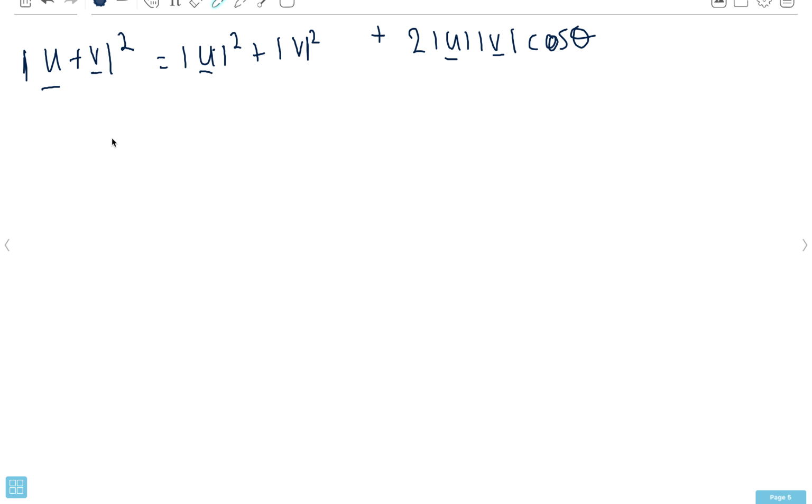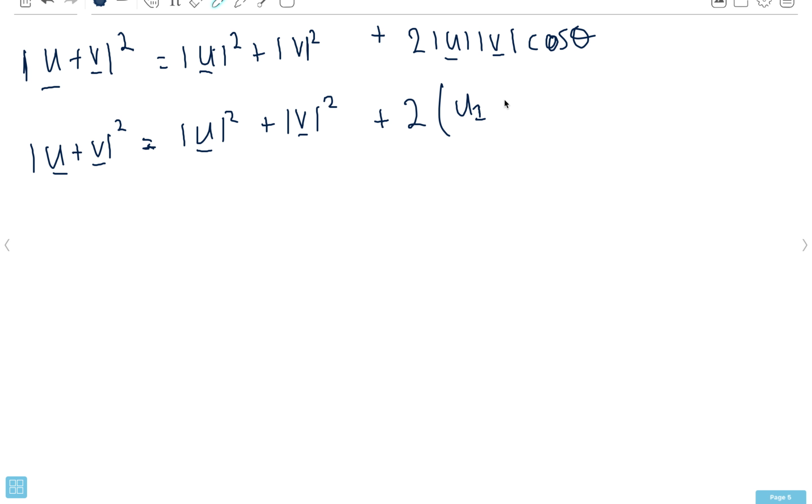And our second equation, which we just got, was mod u squared plus mod v squared plus 2 times u1 v1 plus u2 v2 plus u3 v3.